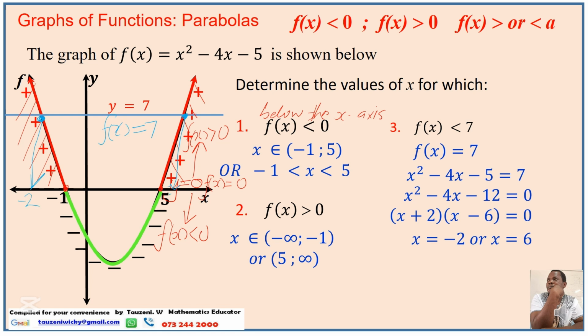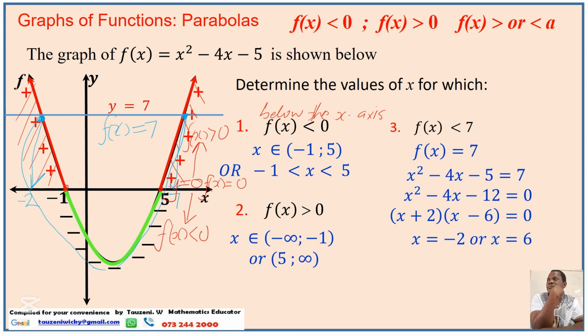So from negative 2 up to 7, this whole section at the bottom here, right through until here, that part of the graph of f is below 7. It is less than 7.